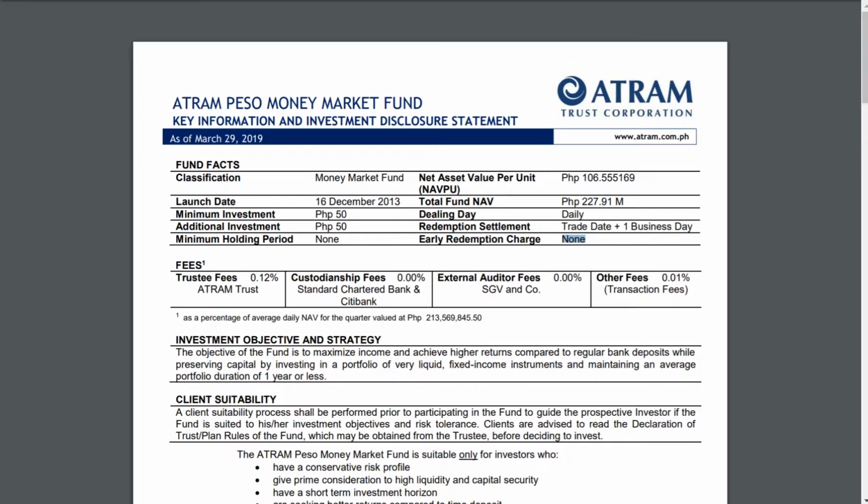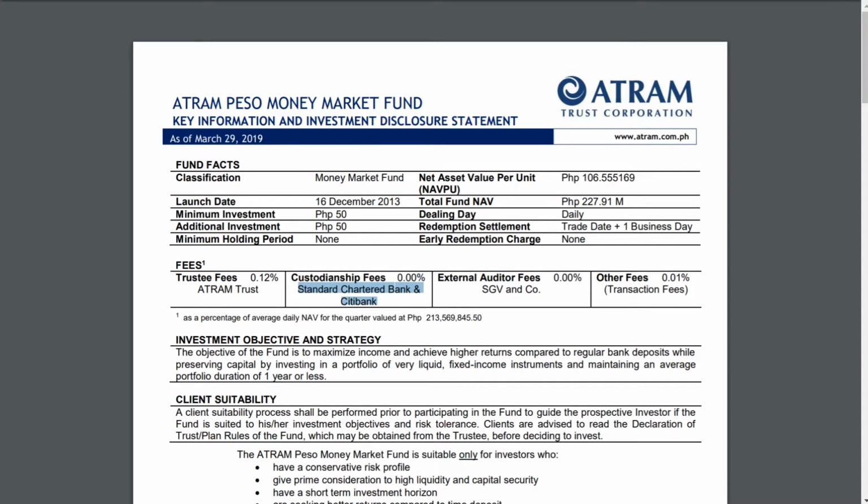The expected return of this kind of money market fund is low, so it is critical to know how much fees will be charged. With that, let's go through the fees. Trust fee is 0.12%, very minimal custodianship fees. The custodians are Standard Chartered Bank and Citibank.